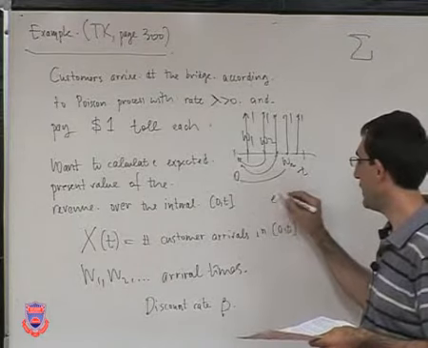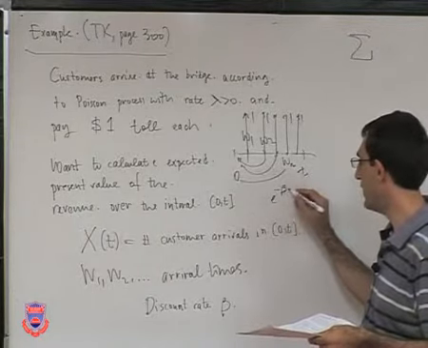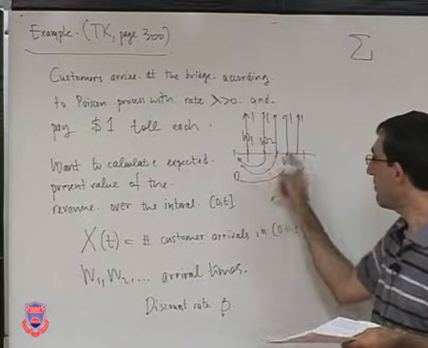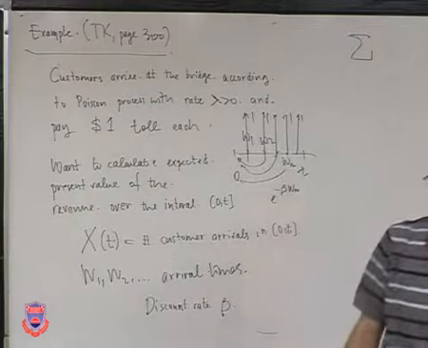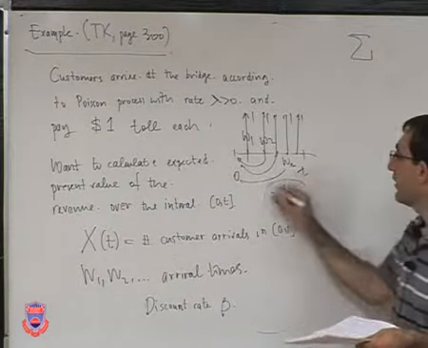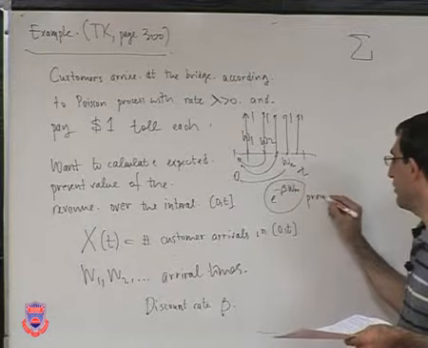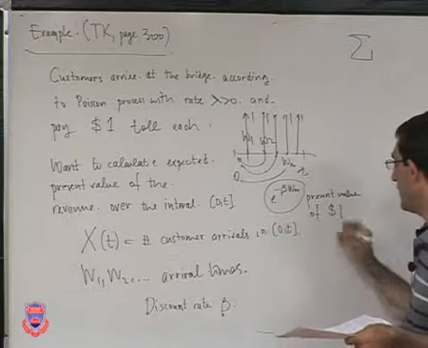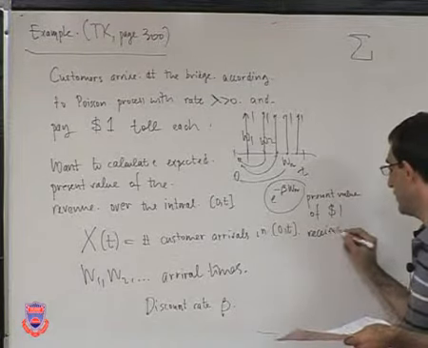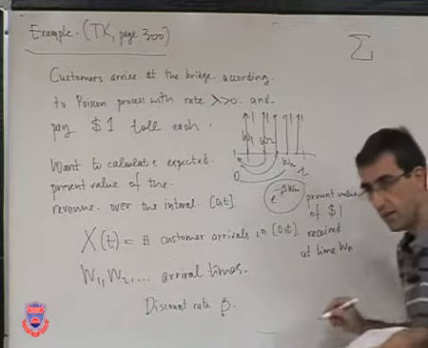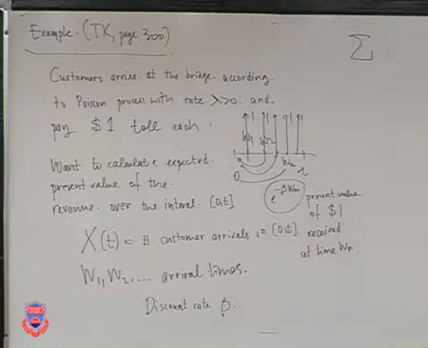So that $1 has present value e to the minus beta times Wn, the time when you receive this $1. So this is the present value of $1 received at time Wn, namely when the nth customer arrives.